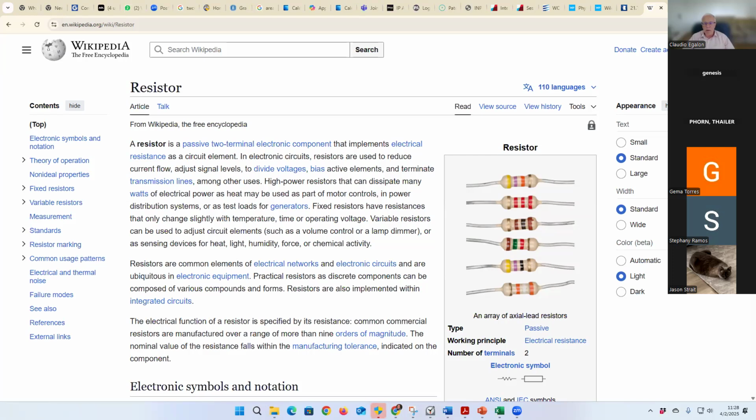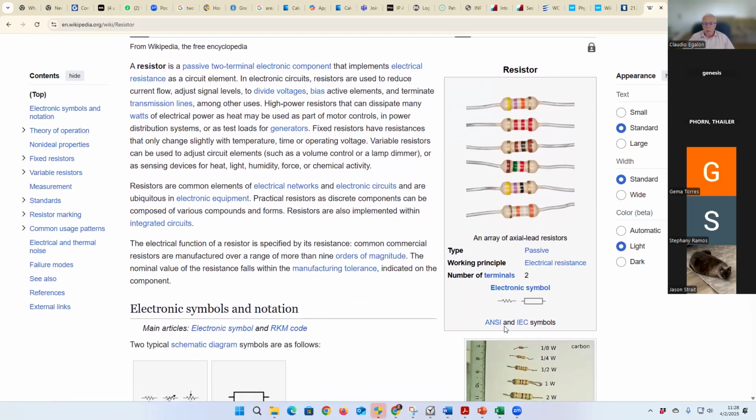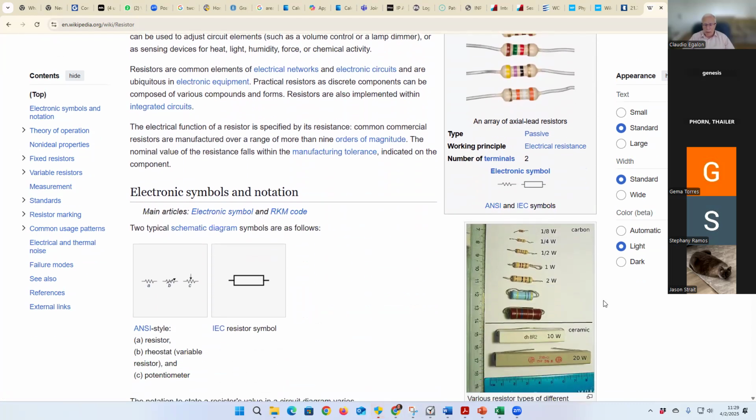Nowadays, we have multimeters and they can determine the resistance rather easily. This symbol is the symbol that I introduced to you for the resistor, but we also use this symbol here as well.